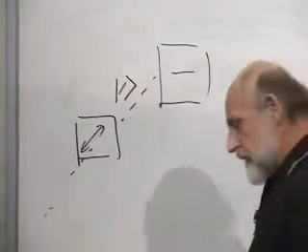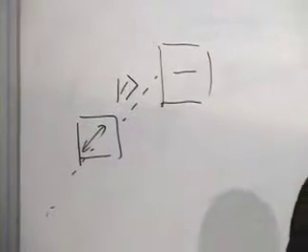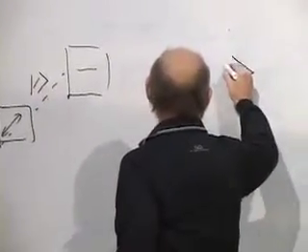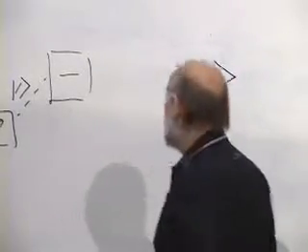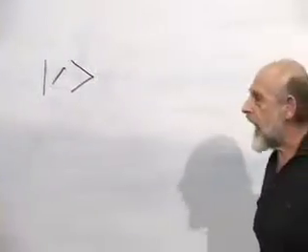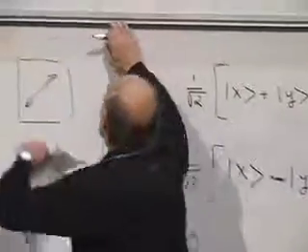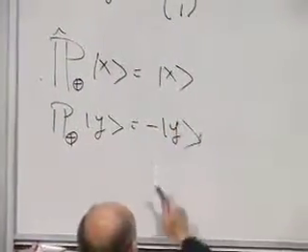The answer, again, goes back to the basic postulates. We take the inner product of the state that we've constructed with the eigenvector of the observable of interest. The observable of interest is now this observable, and its eigenvectors are x and y.